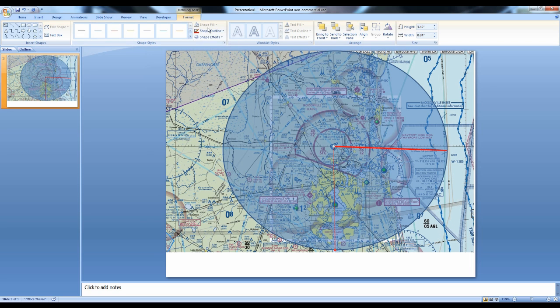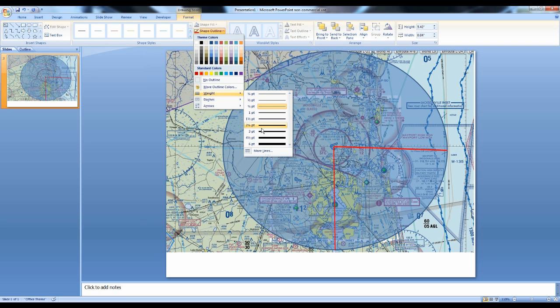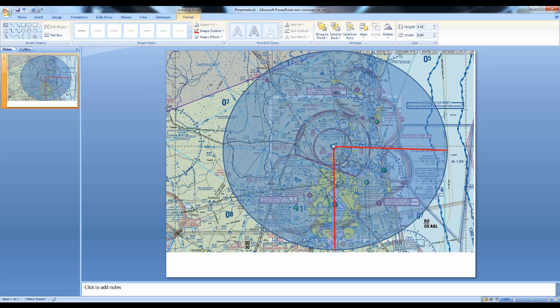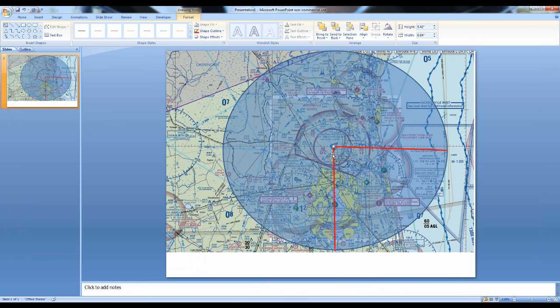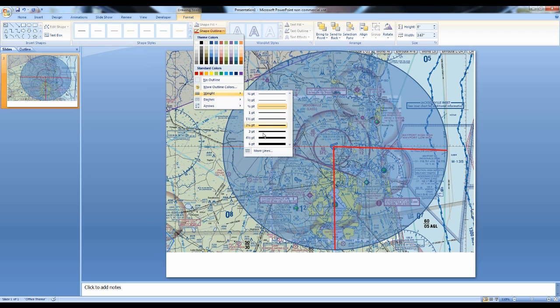So again, red, and make it 3-point. What was the other one? 119.0 from 270 to 090. So if we draw another one, extending from the airport to 270, roughly that way, right there, and make it big enough that we can actually see it.